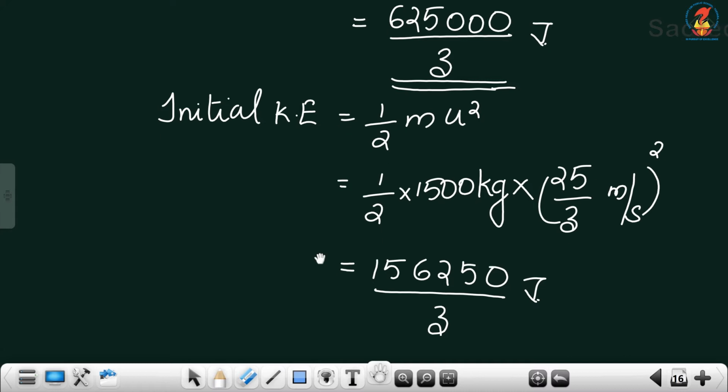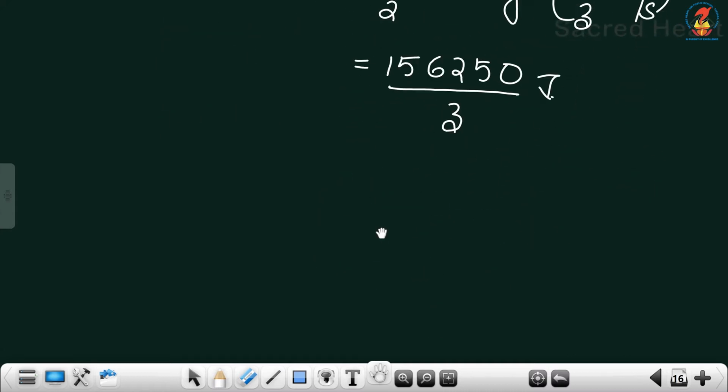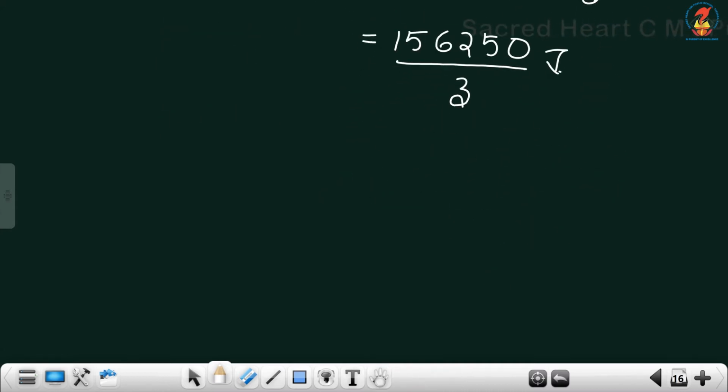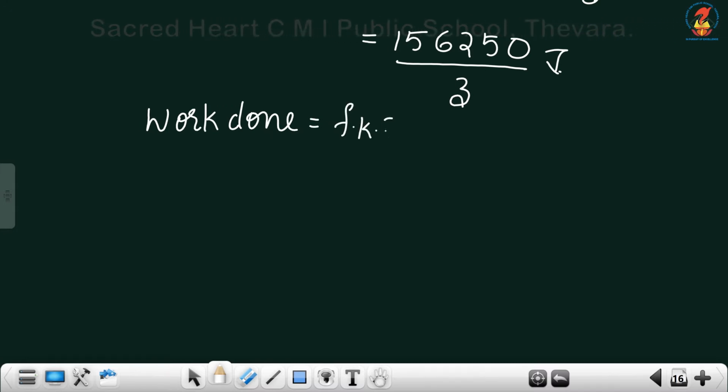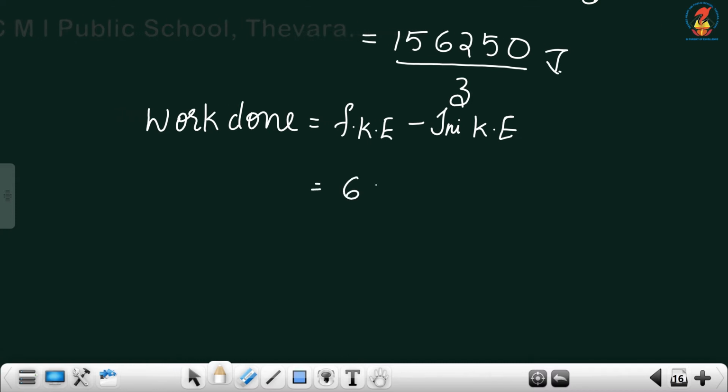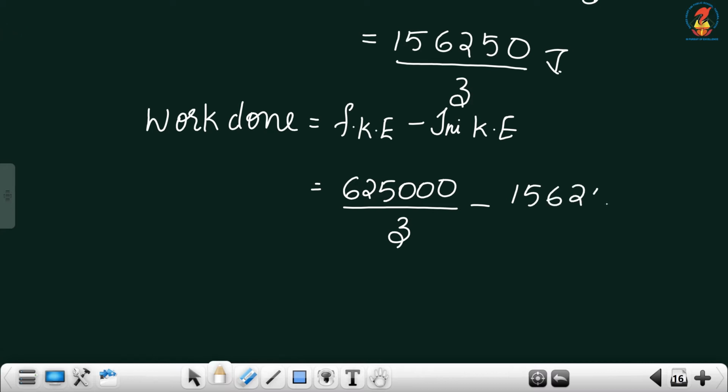Okay. Now, work done will be change in kinetic energy, that is work done is equal to final kinetic energy minus initial kinetic energy, that is 625,000 by 3 minus 156,250 by 3.